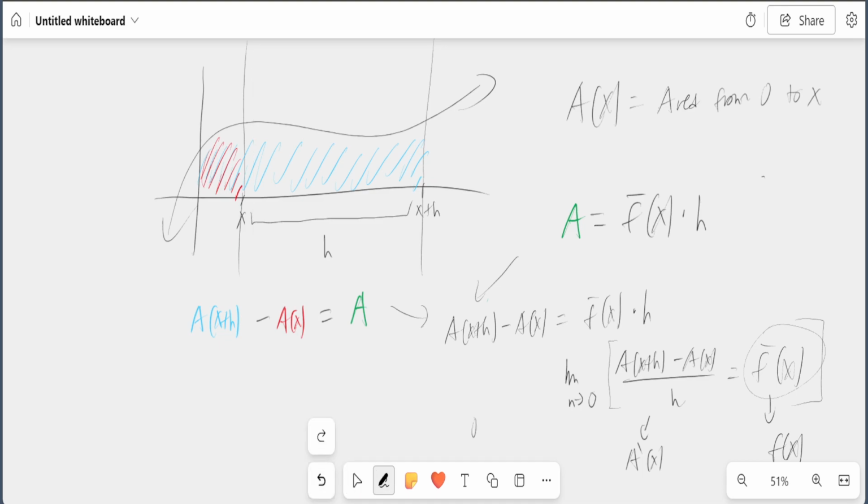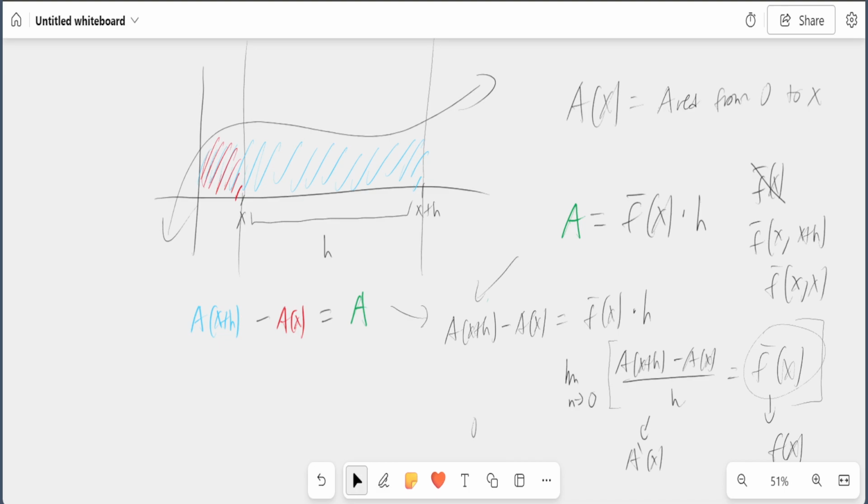But then you can also think of it like this: you need two values to find your average. So as x plus h gets closer to x, you're finding the average value of x and x.